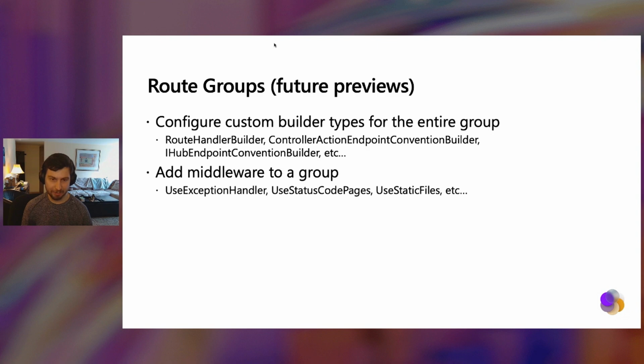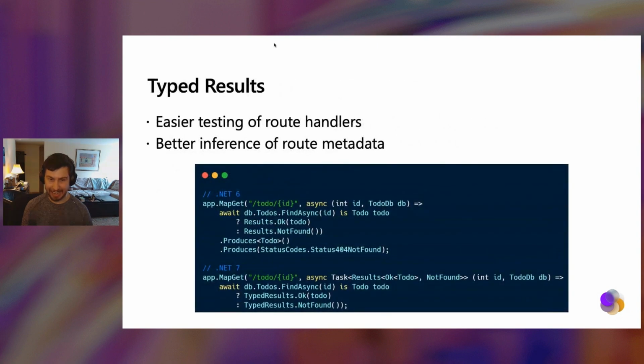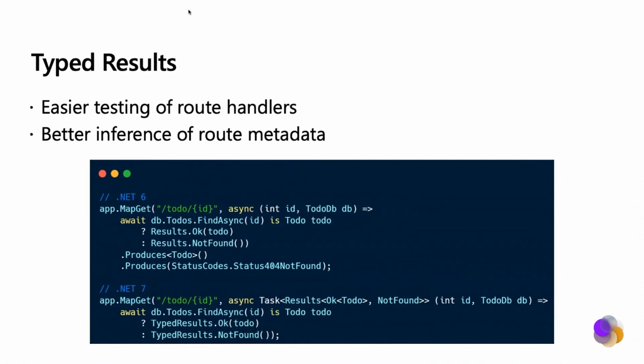So moving on, for things that are actually going to be available in Preview 4 but are still in PR, are typed results. This is feedback that we got early on in .NET 6. In this .NET 6 example, you can see code that would work today that returns to-dos, to stick with the theme. If it finds a to-do, it returns it.